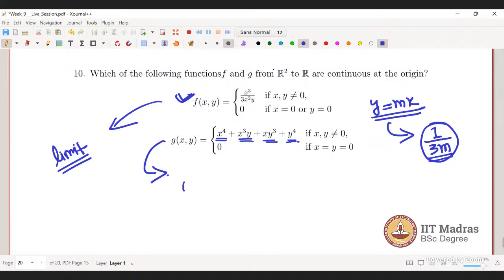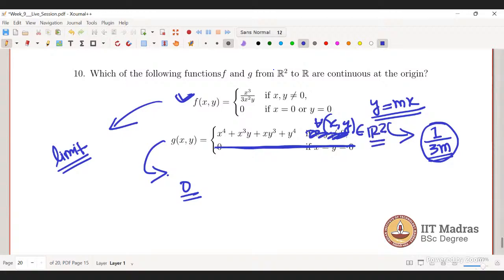The limiting value is 0, which is the same as the function value. Simply, you can write this as my function for all x, y; you don't need the last one. This function is continuous, because all polynomials are continuous and the addition of continuous functions is continuous.